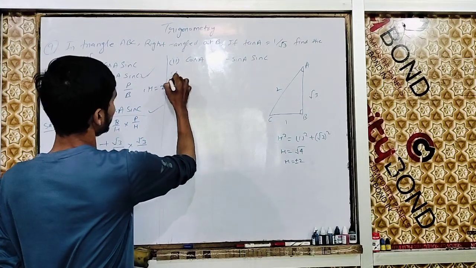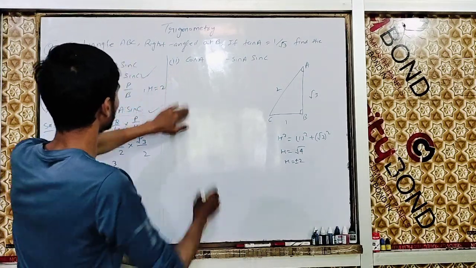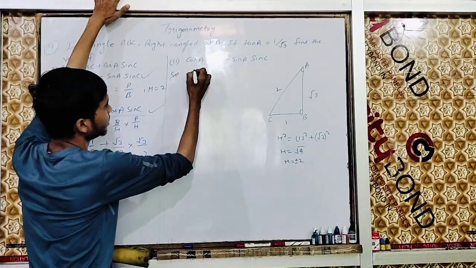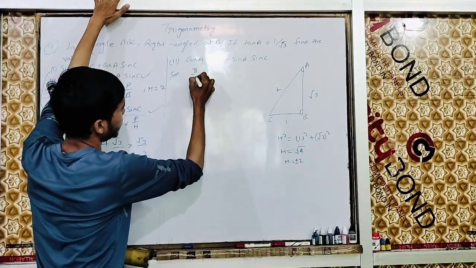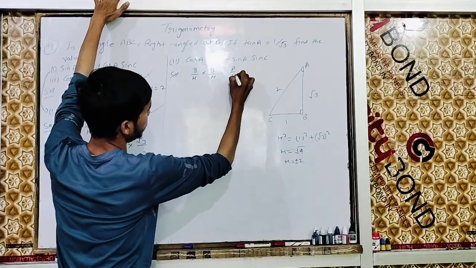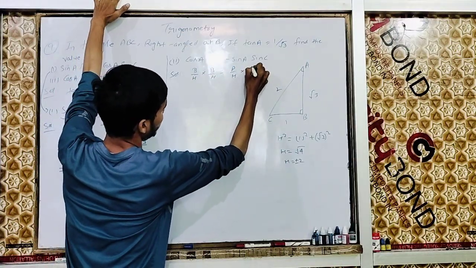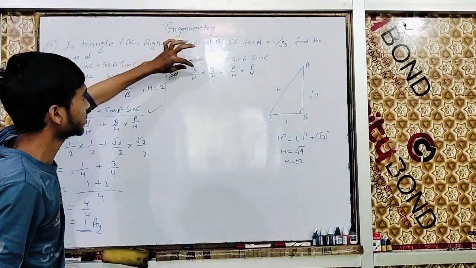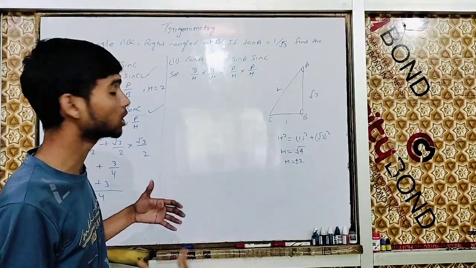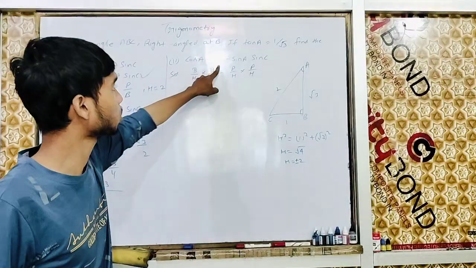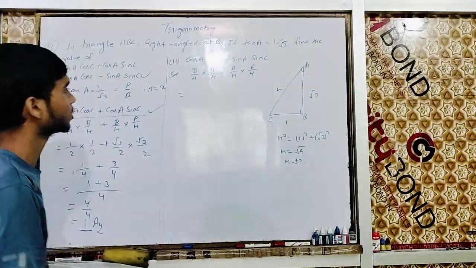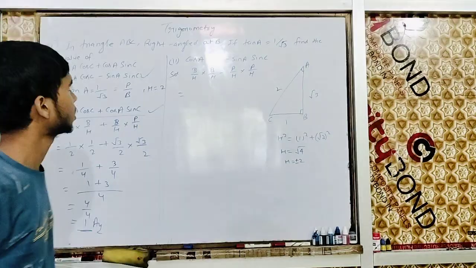Now let's simplify this. Cosine is nothing but B upon H, then again B upon H, then P upon H, then multiplied by P upon H. I know these are both the same, but they become different according to theta. Now let's substitute the values of these fractions.